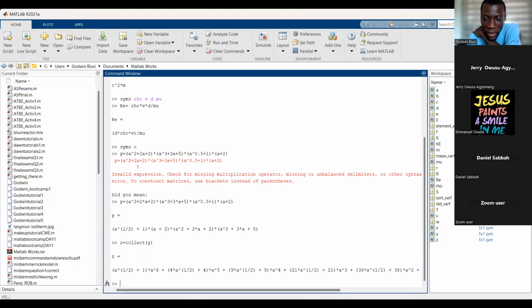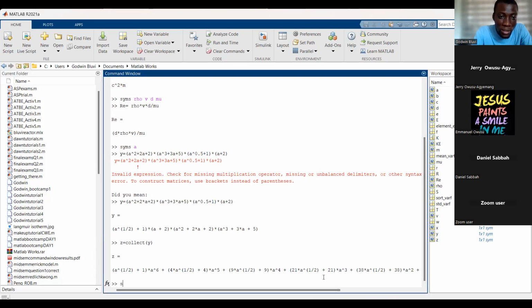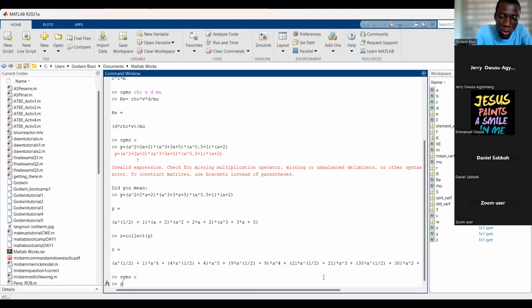So we can try another example too. From the slide, there was an example that says x minus 2, x plus 3, x plus 1. I think that one we can relate with more. So syms x. So y is equal to what?